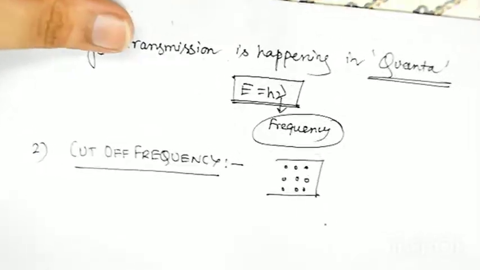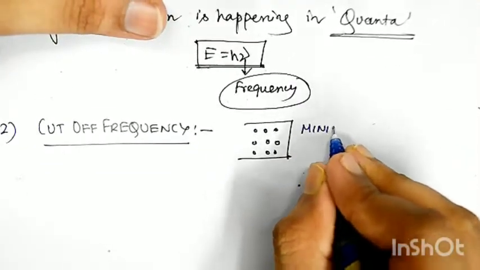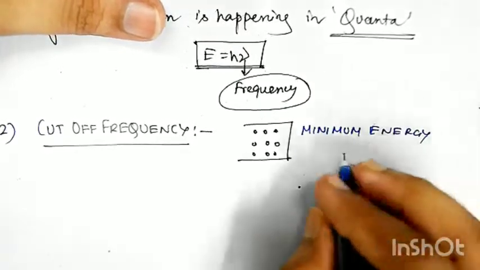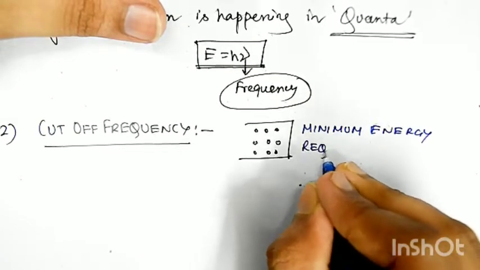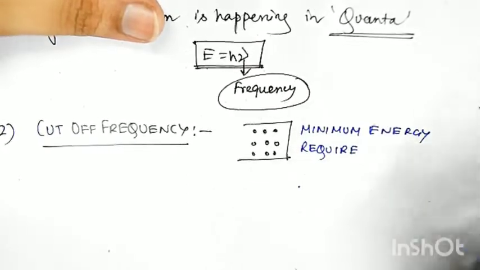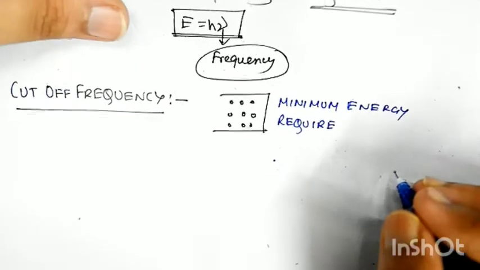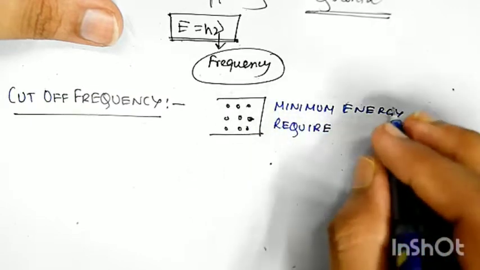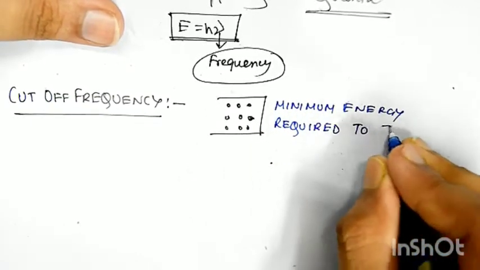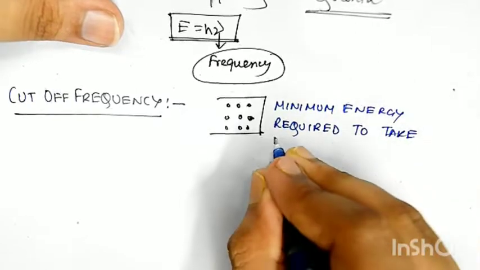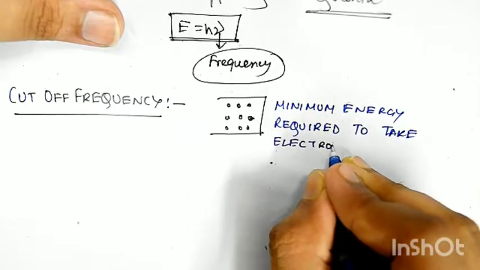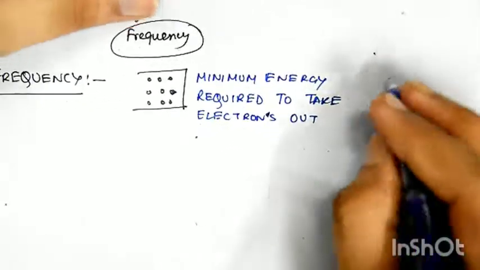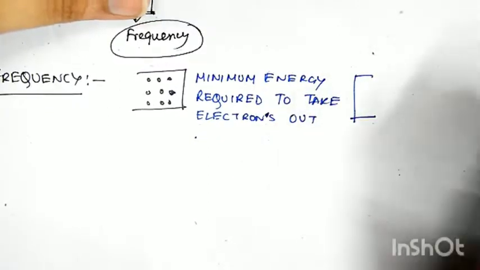There is always some minimum energy required to take these electrons out. Just like the bond energy, the minimum energy required to break a bond, similarly it is the minimum energy required to take these electrons out of the surface, and that energy is called the work function.